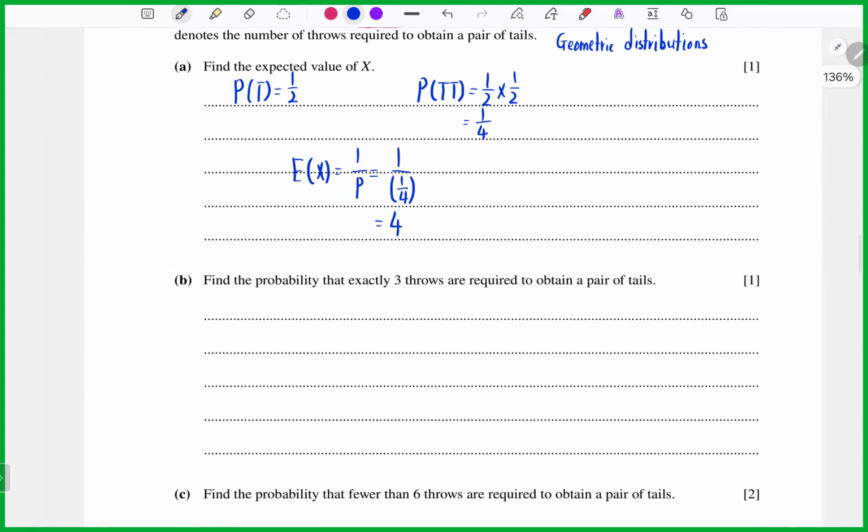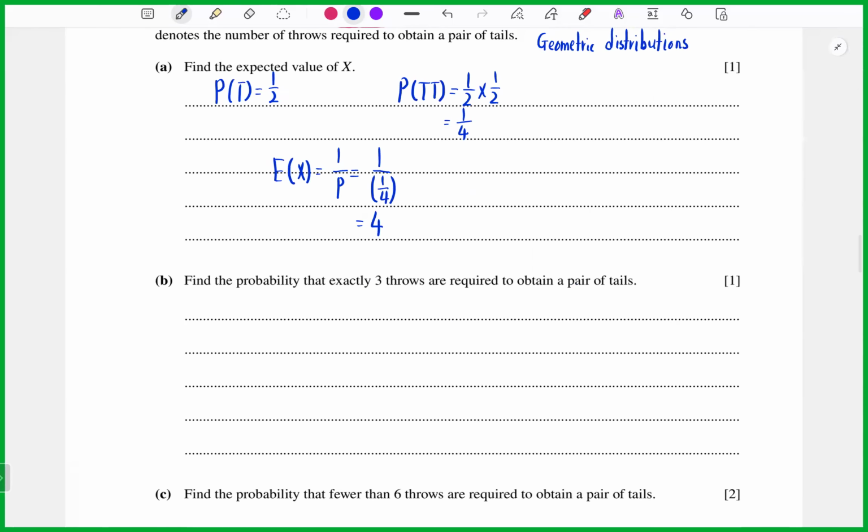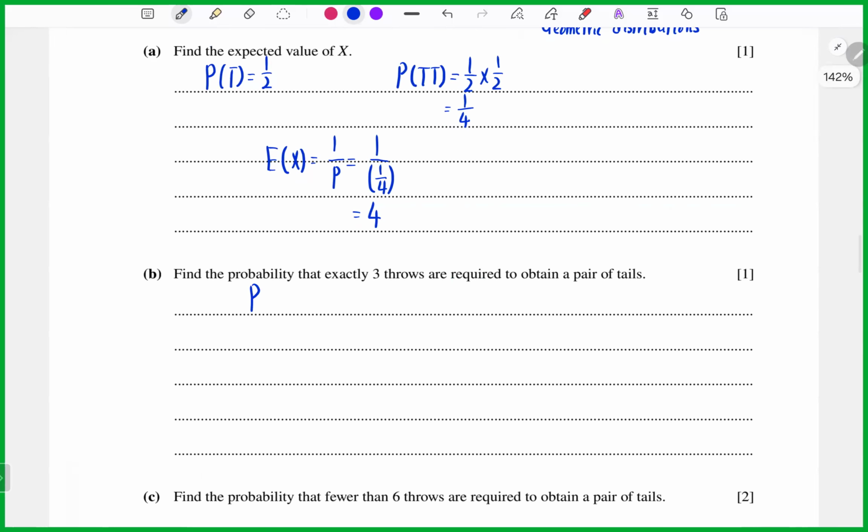Let's see part B. Find the probability that exactly 3 throws are required to obtain a pair of tails. So it equals 3. Now we know for geometric distribution, P of x equals n equals p q to the power n minus 1.